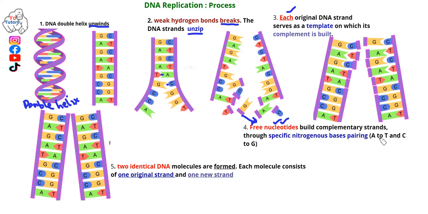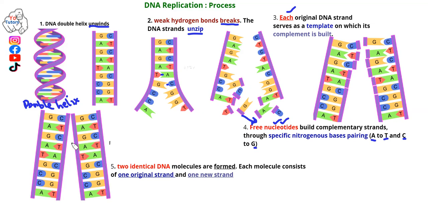Specific base pairing means A, adenine, can only pair with T, thymine, and C can only pair with G.